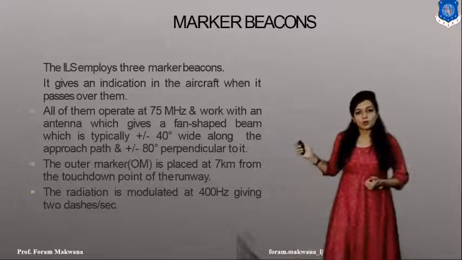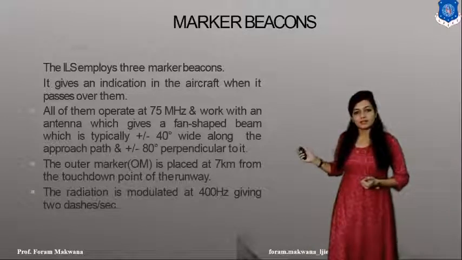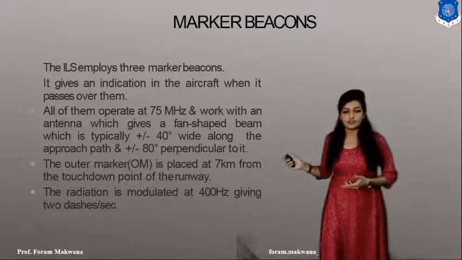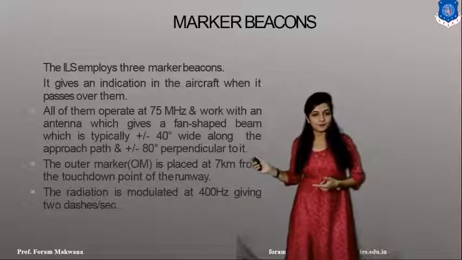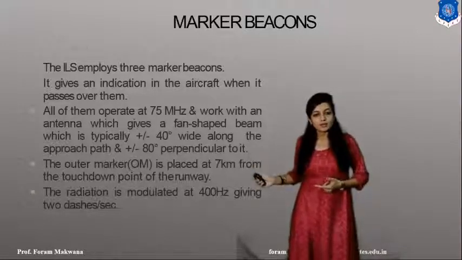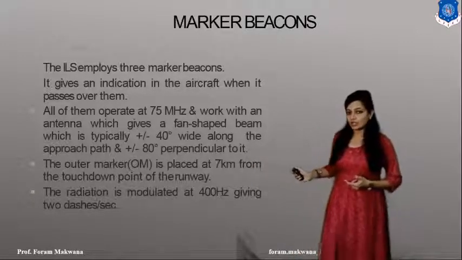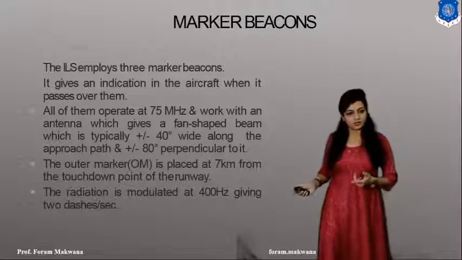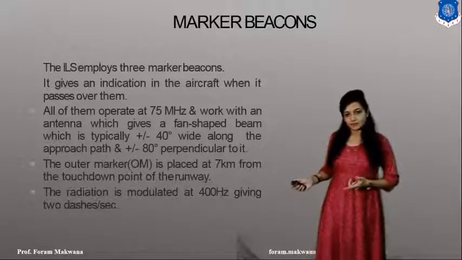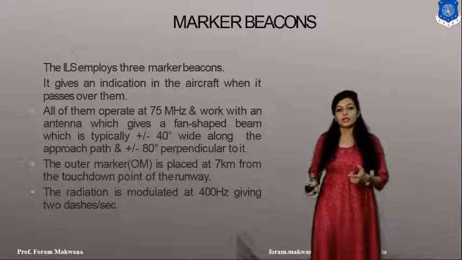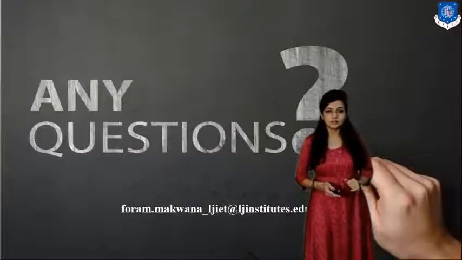Okay. So all of them operate at 75 megahertz and work with an antenna which gives a fan-shaped beam. Right? So the outer marker is placed at 7 kilometers from the touchdown point of the runway. Right? Because the radiation is modulated at 400 hertz.